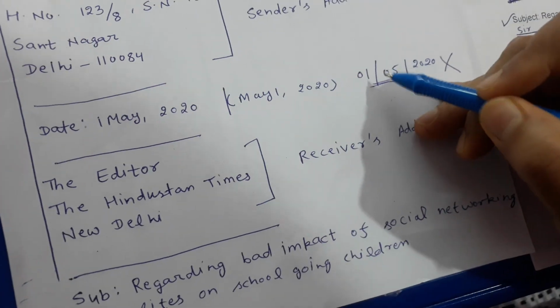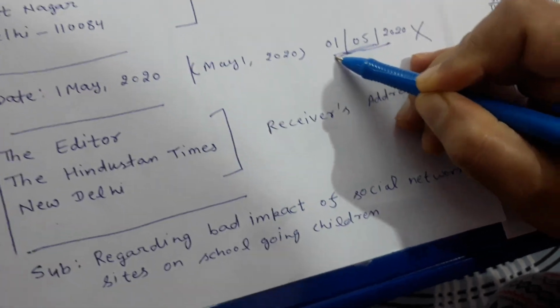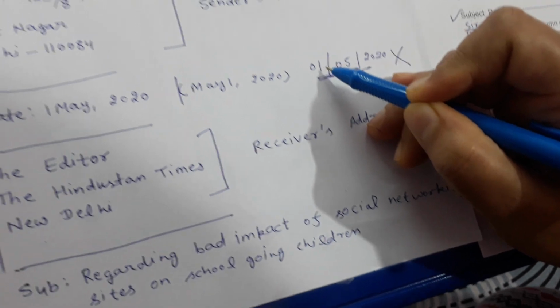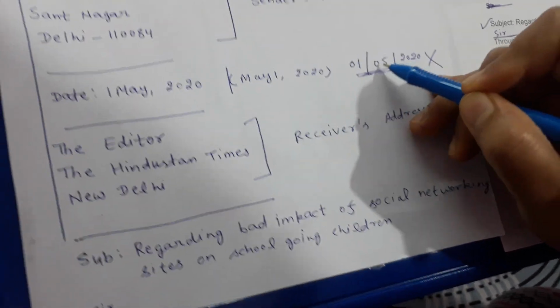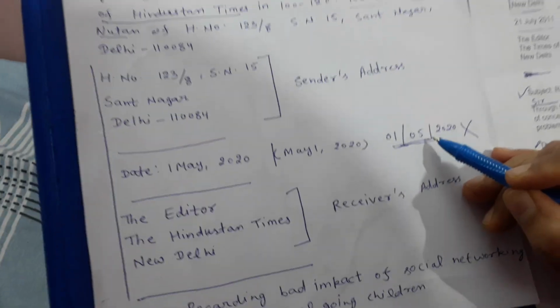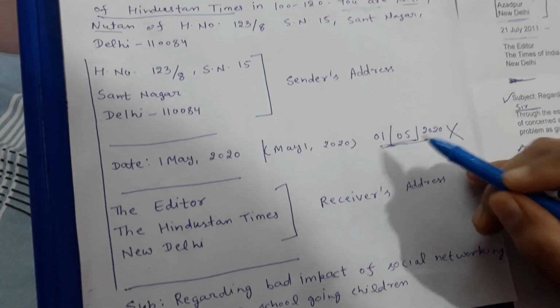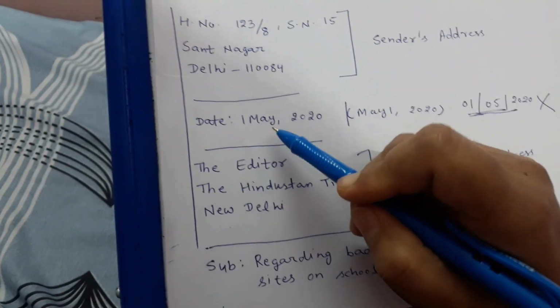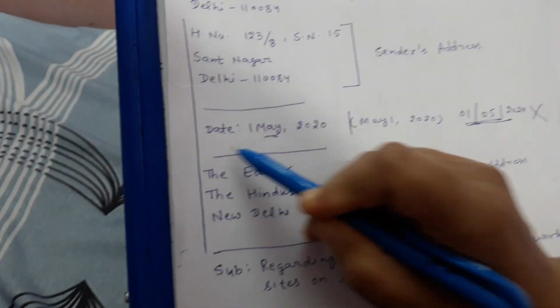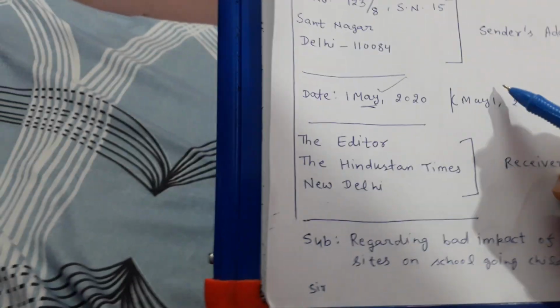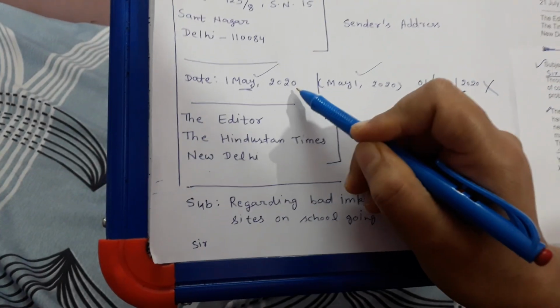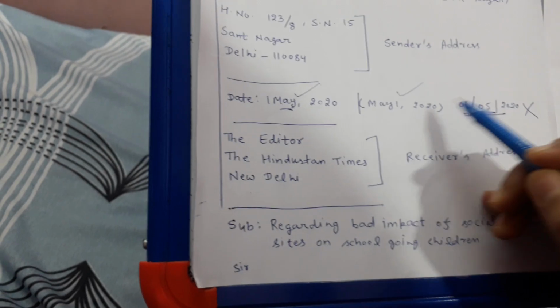In the USA, as you know, the date will be read with the month first, that is January, 5th January 2020, but actually it is 1st May. And in an official letter, the date is very important. So students, always write the name of the month. You can write either this way or that way, 1st May 2020 or May 1st 2020.